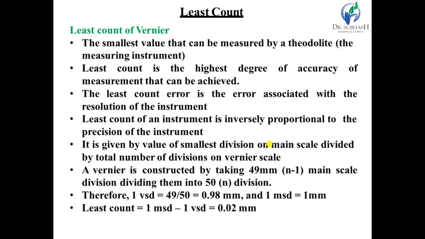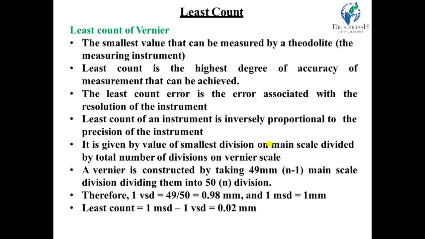By dividing it into 50 divisions, where the 49 mm space is divided into 50 divisions, each vernier division is 0.98 mm. One main scale division is equal to 1 mm. We are taking 1 mm, as 0.98 is approximately 1 mm.